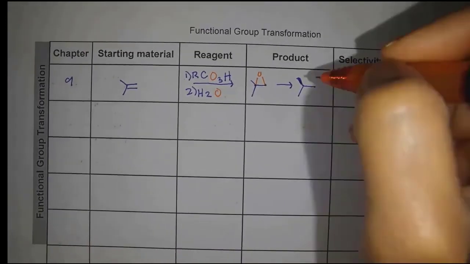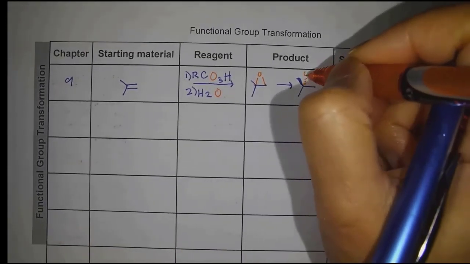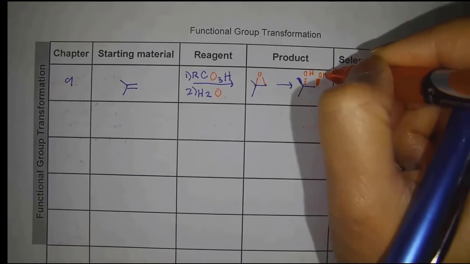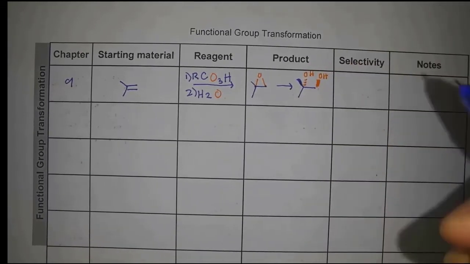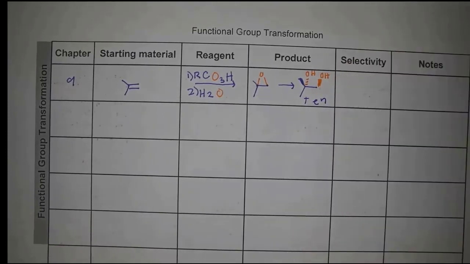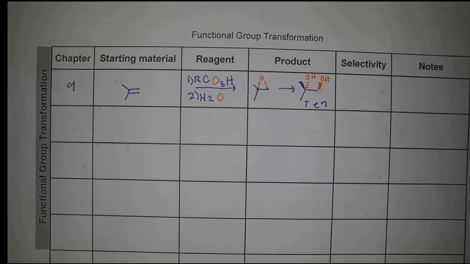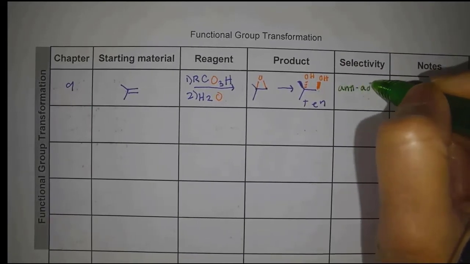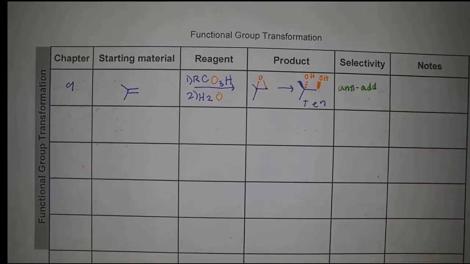And the alcohols will add anti to each other. So we'll get this one plus the enantiomer of that one. So this is an anti addition. All right. Any questions on that reaction? This is an anti-addition.